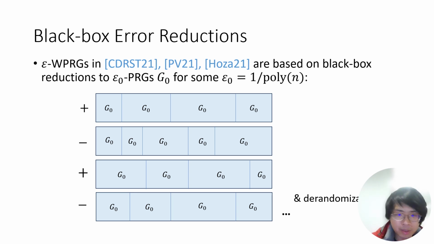Then we approximate each block using the base case PRG G0, and then we take some linear combination of those blocks and then do some derandomization.